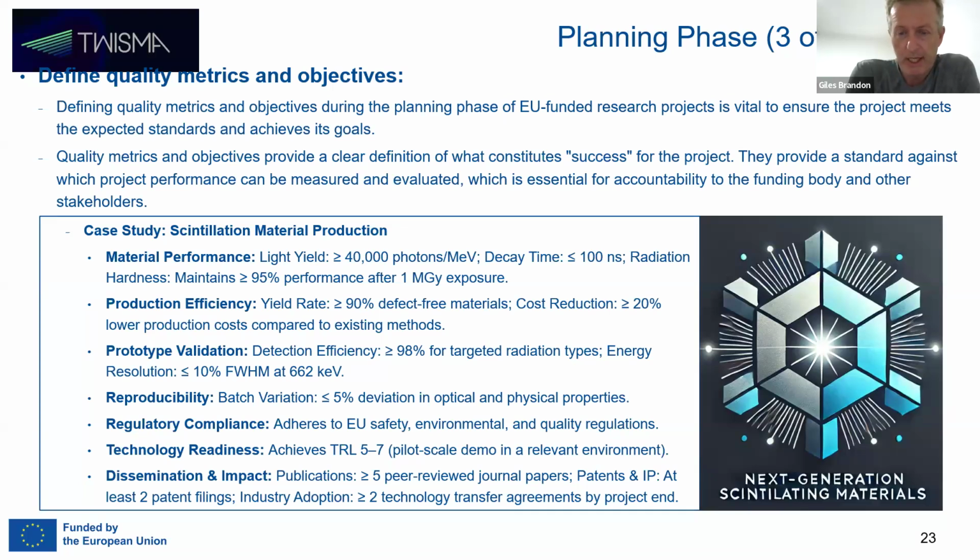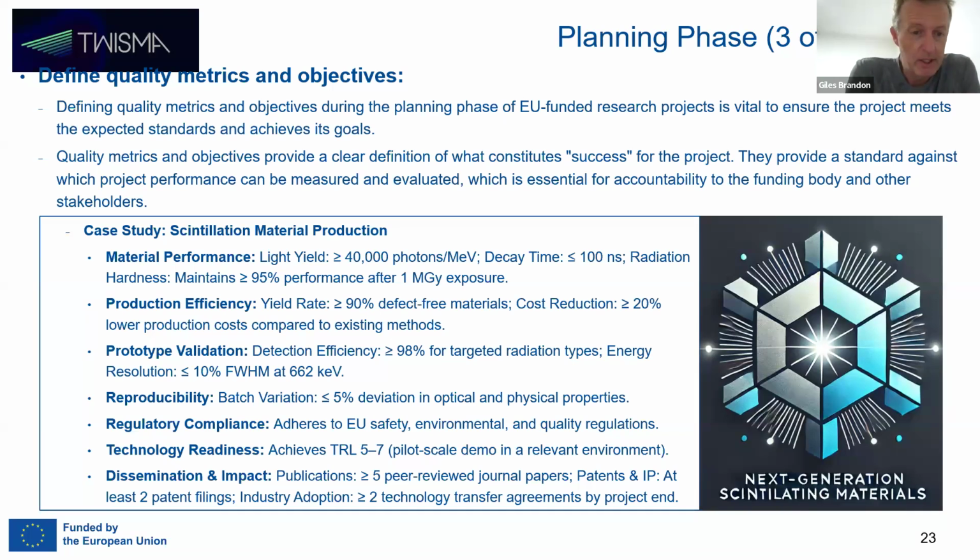Maybe we'd be saying decay time needs to be less than 100 nanoseconds. Maybe for our radiation hardness, we need to maintain 95% or better after such an exposure. I stress those numbers are not definitive; they're just there as an example.